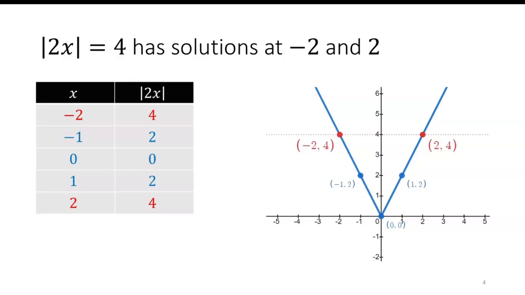And when x is 2, the absolute value is going to be 2 times 2, or 4. So you can see that x equals negative 2 and x equals positive 2 gives you that 4. Looking at the graph of the absolute value of 2x, we see the x values are negative 2 and positive 2 as well.